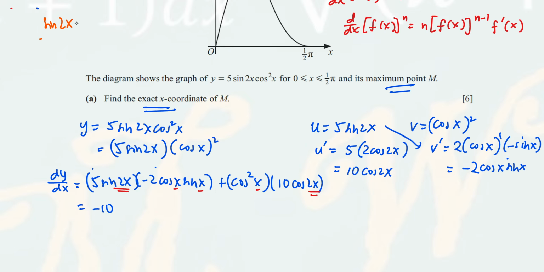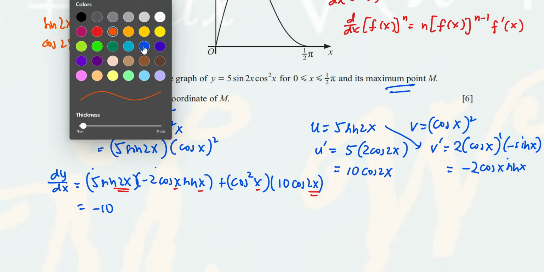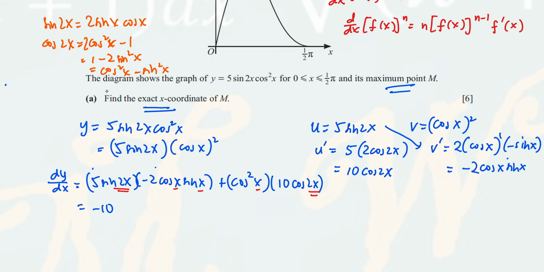Sine 2x is 2 sine x cos x. And the other one is cos 2x. For cos 2x, we have a few formulas: 2 cos square x minus 1, 1 minus 2 sine square x, or cos square x minus sine square x. Okay, we have 3 forms. So later we will choose which form is suitable for this.